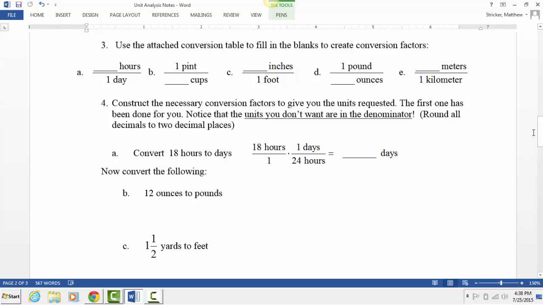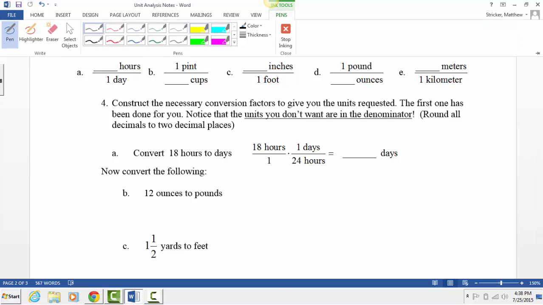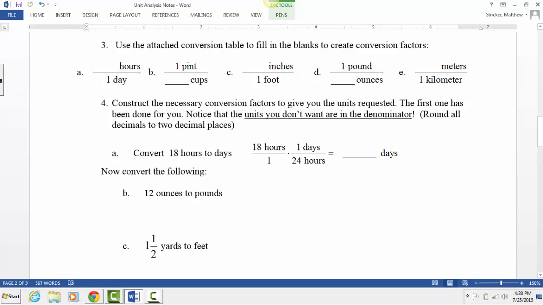If I want to create conversion factors where the numerator and the denominator are the same, that means that this top one is going to have to be 24, because there's 24 hours in one day. Do you know how many cups there are in a pint?